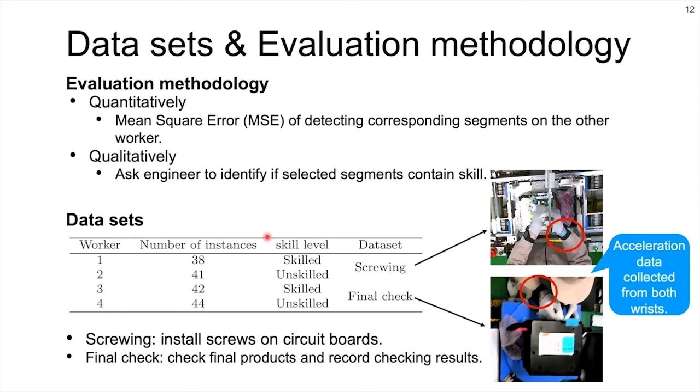Besides, as we don't have the ground truth labels for skill information, we asked the industrial engineer to identify if the candidate segments detected by our proposed method actually contain skills. We test two datasets collected in real manufacturing, screening and final check tasks, which are very common in real factory settings.